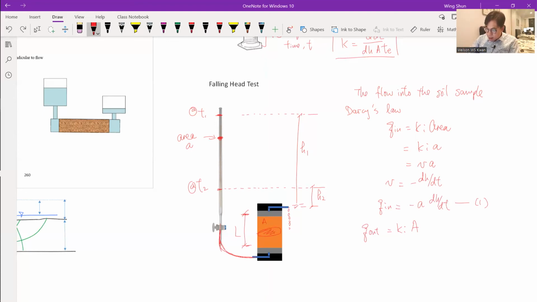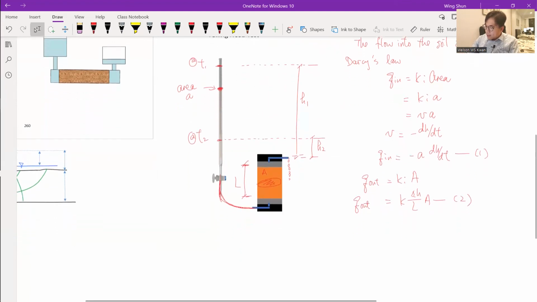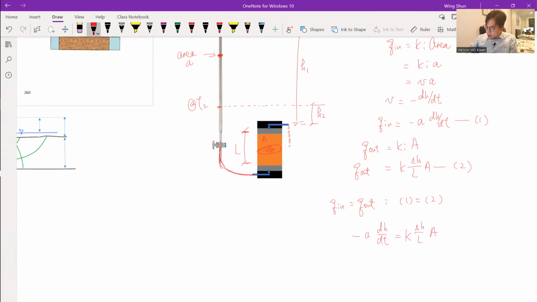So it goes to k, and the gradient i is equal to the head, delta h, divided by the length of the soil sample. So that's just Q out. By equilibrium, the amount of water that goes in equals the amount of water that goes out. So we can combine equations 1 and 2, and we reorganize the equations.